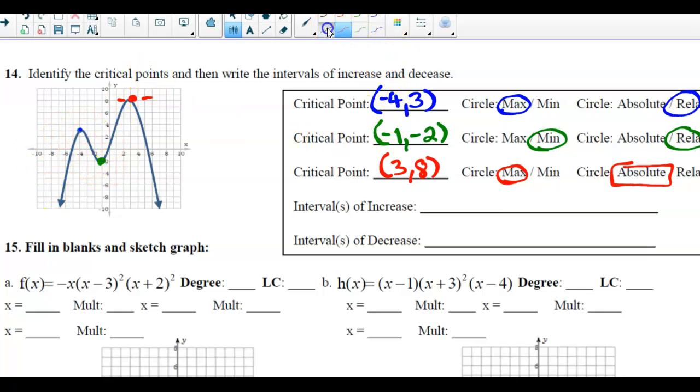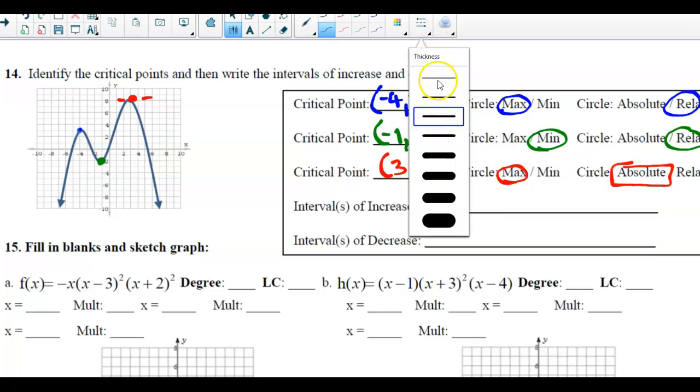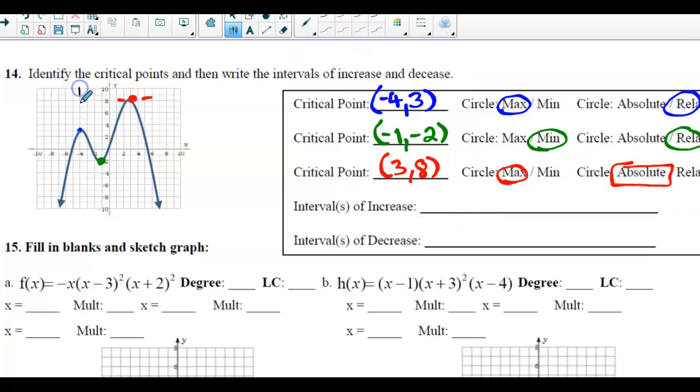Now for my intervals of increase and decrease, remember what I need to do is divide the graph into sections. It changes direction at -4, it changes direction at -1, and it changes direction at 3. I'm marking those sections and labeling the x values.